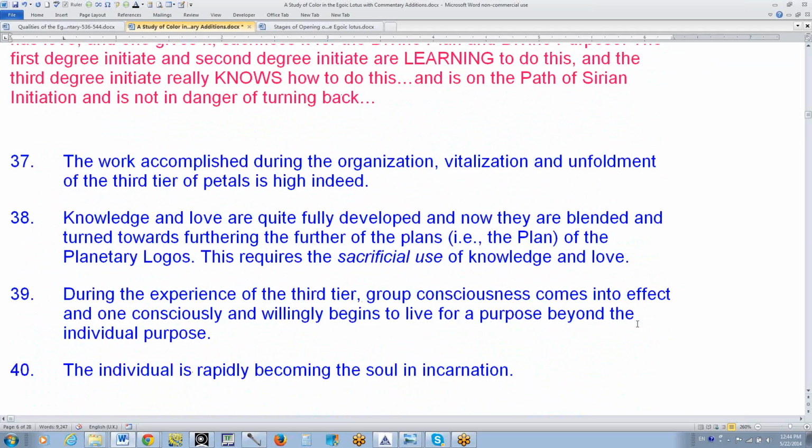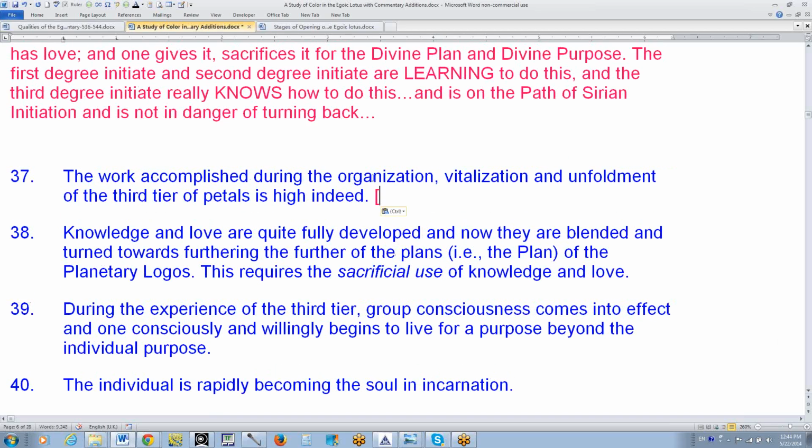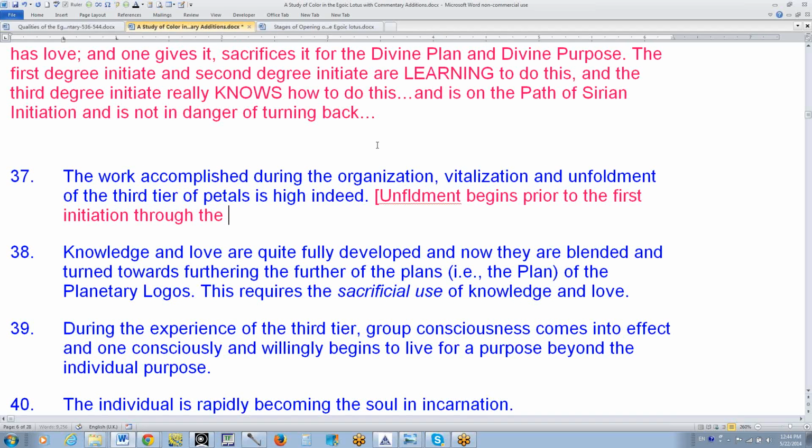So the work accomplished during the organization, vitalization, nurturance, opening, unfoldment of the third tier of petals is high indeed, and unfoldment begins prior to the first initiation. To the first initiation through the strenuous and abnormal effort of the man.